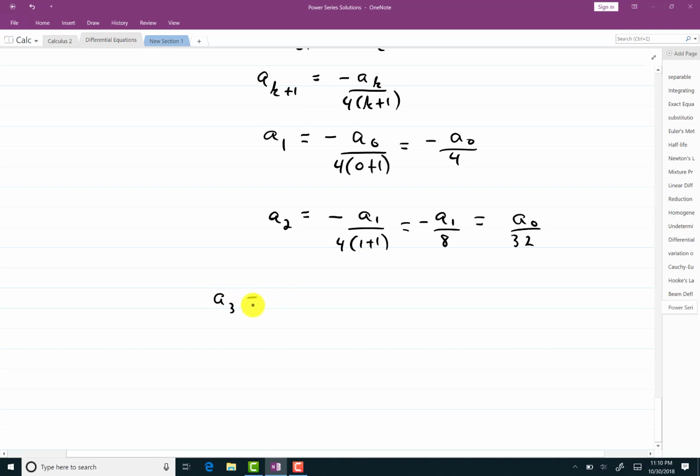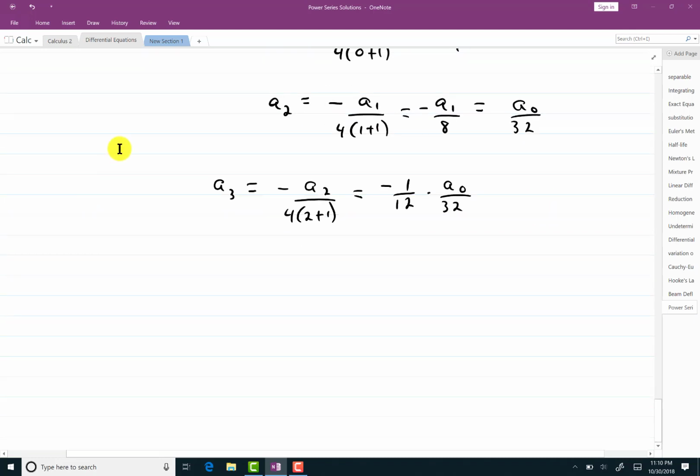A sub 3, using this formula again, will be negative a sub 2 all over 4 times 2 plus 1. So that's negative a2 over 12. And a2 was equal to a0 over 32. And that will equal negative a sub 0 all over, well, 12 times 32, that's 384. And this goes on forever.